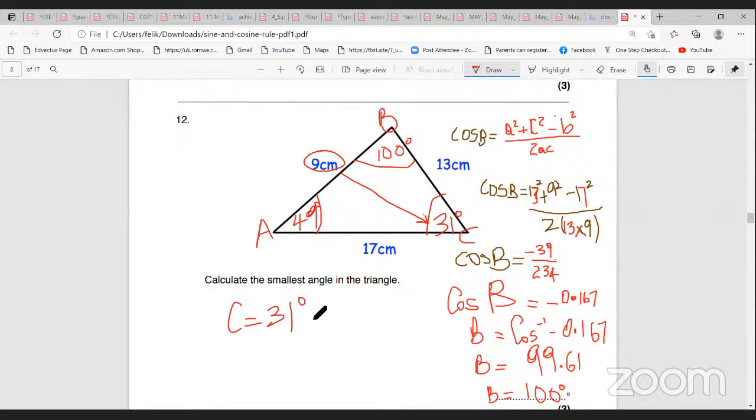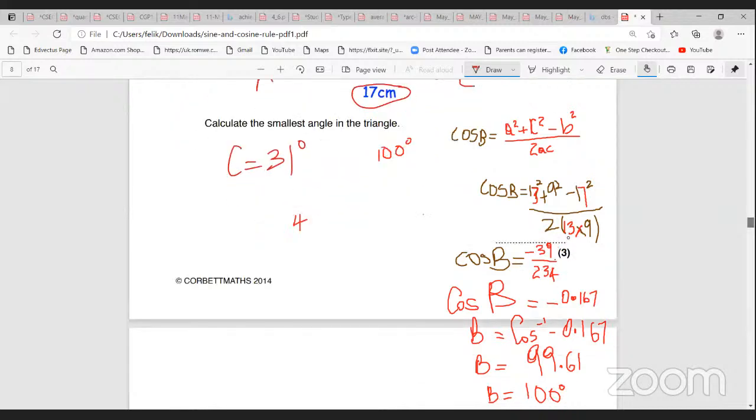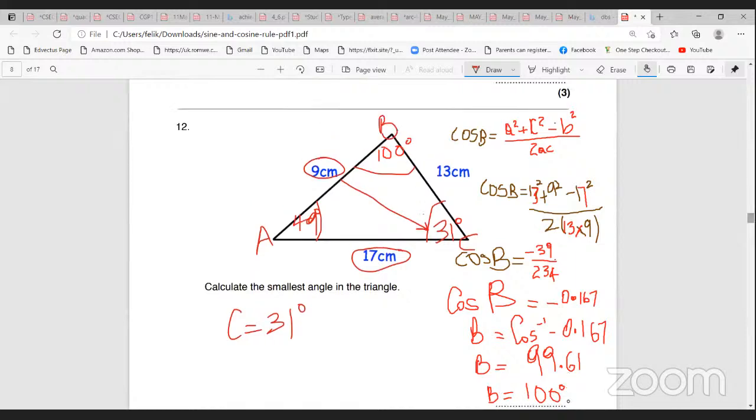Say for instance we didn't know the values, but we knew the side here was 17. Then we would automatically know that B is the largest angle because 17 is the largest side. Good? Yes, miss. All right, Peter, take a screenshot of this.